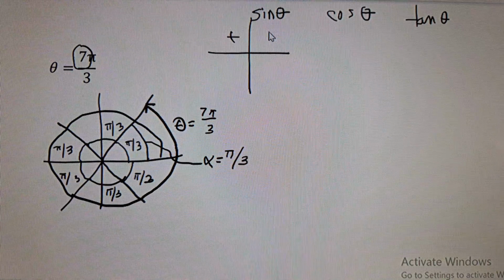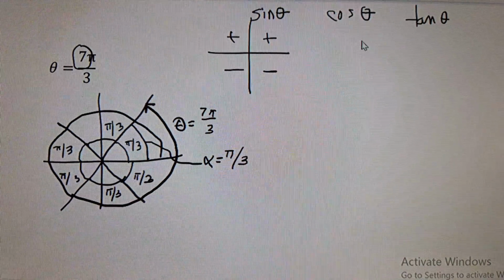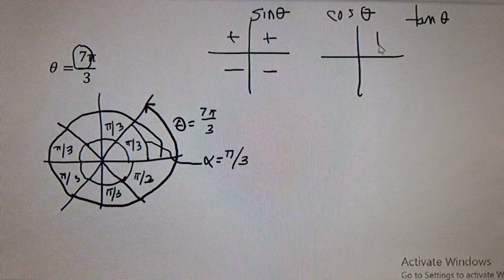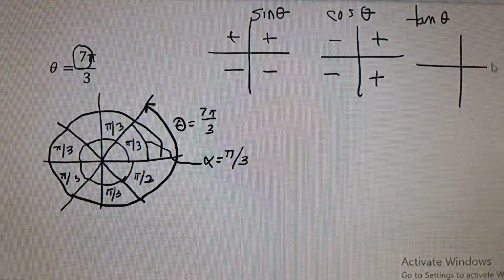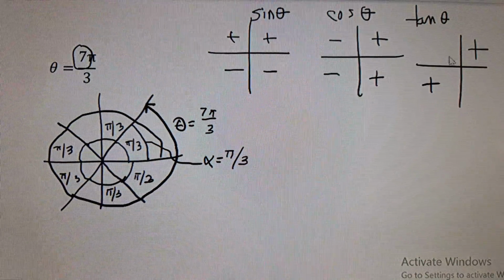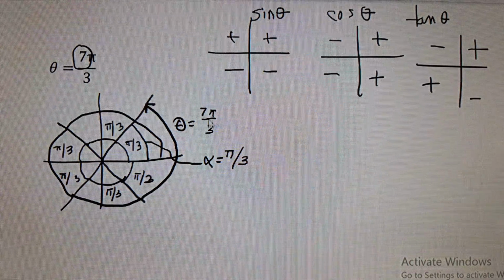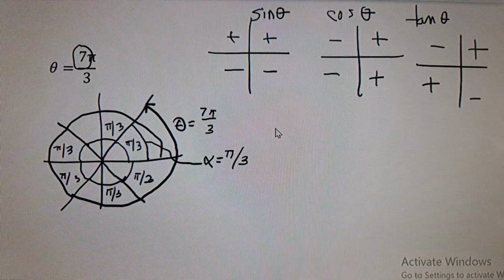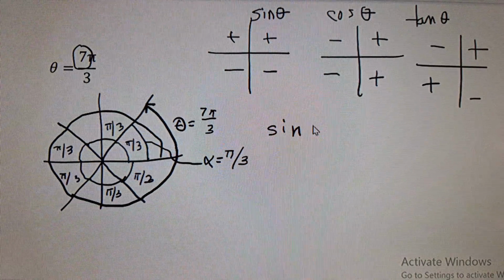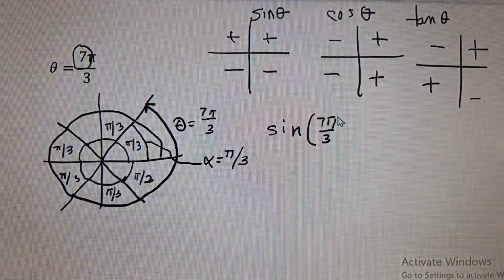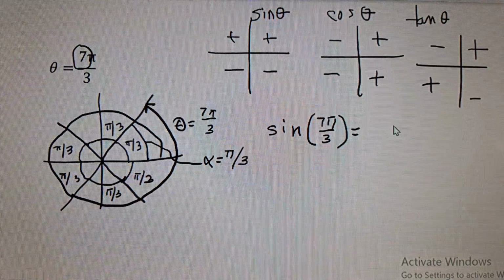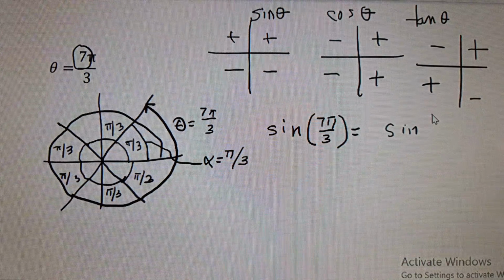It's positive here and here. Positive here and here for the cosine. And positive here and here. So let's take a look. The sine of 7 pi over 3 is going to be equal to the sine of pi over 3.